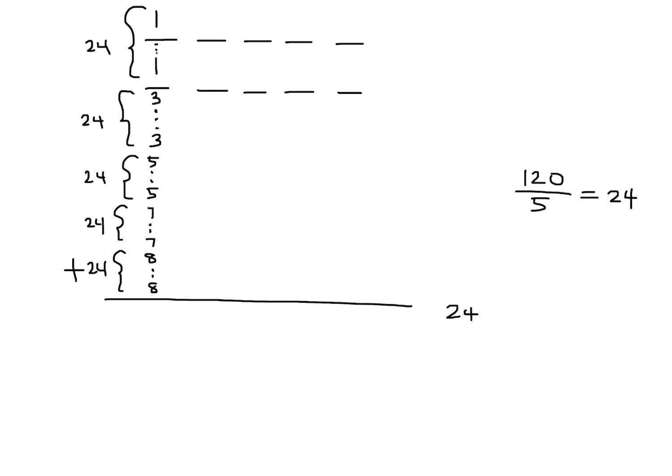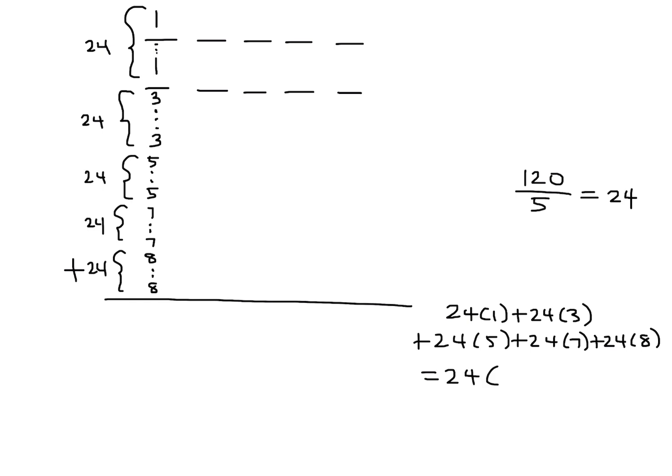It would be 24 times 1 plus 24 times 3 plus 24 times 5 plus 24 times 7 and 24 times 8. And therefore that is equal to, a quick way of doing this, 24 factored out, times 1 plus 3 plus 5 plus 7 plus 8. And that gives you 24 times 24. Oh, interesting. And that's 576.